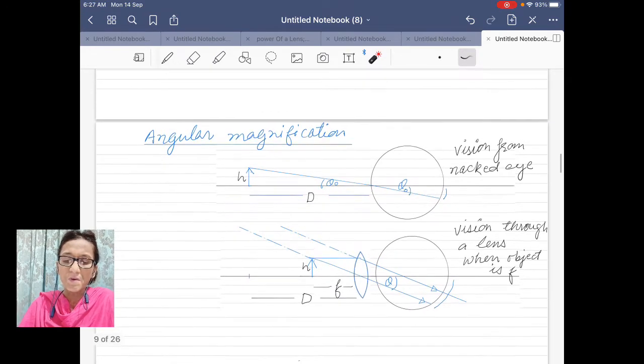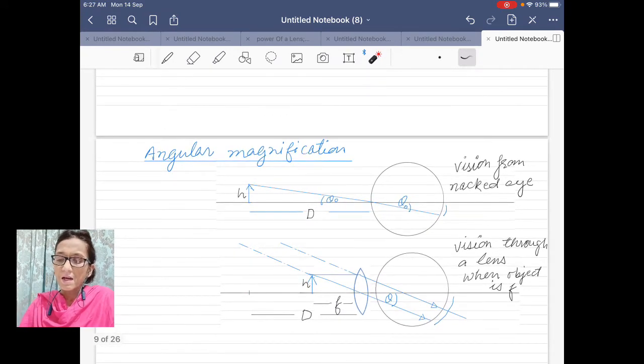So this we will be finding. Here in the first diagram you can see we have not taken any visual aid. So we will find the angle the object is making at our eye.